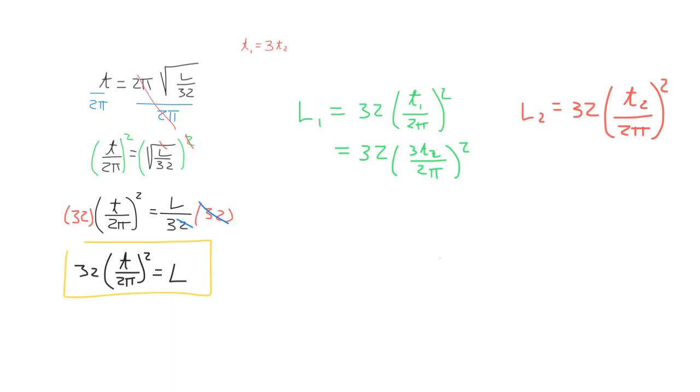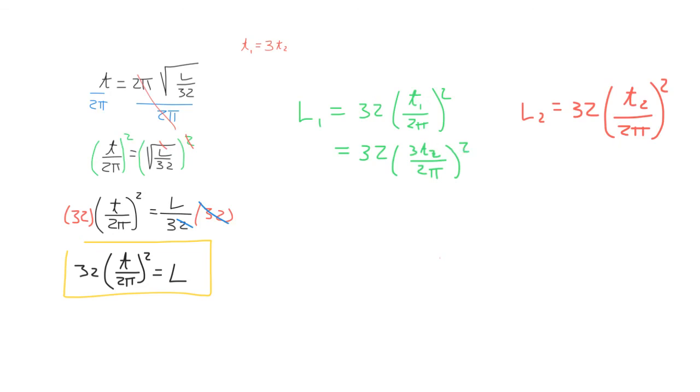Then what we could realize is that this exponent, we could really apply it to everything inside here. But what I'm going to do is apply the exponent only to this 3 and make it a 9, and I'm going to leave the rest of this stuff inside parentheses raised to the 2nd power.